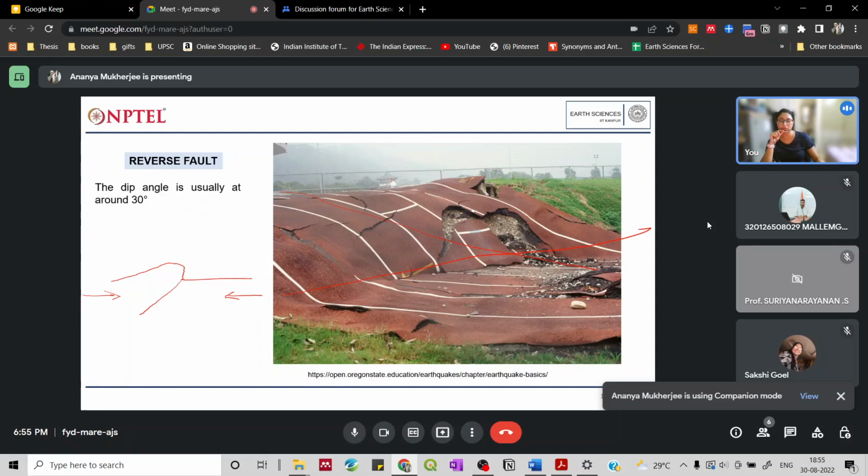This is not exactly a brittle deformation, this is kind of like a ductile deformation. It has not reached that brittle point. So over here we see that this is the hanging wall which has moved upwards, and this is the footwall that is displaced downwards.